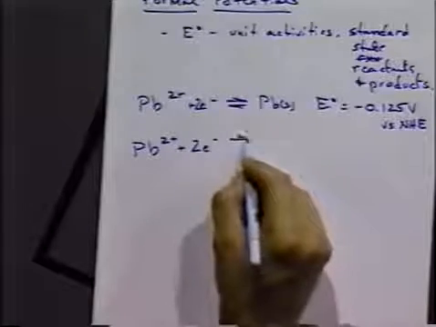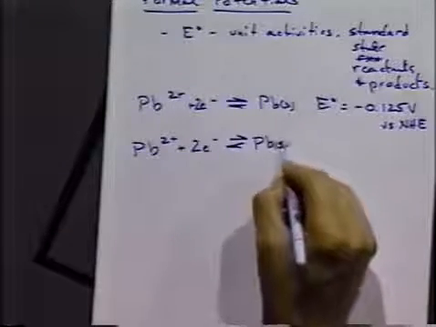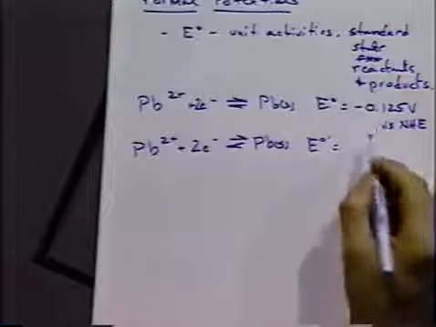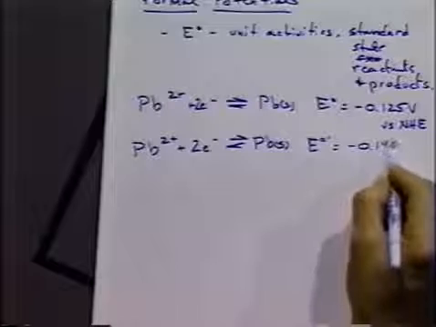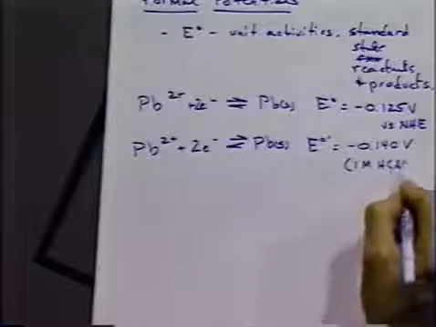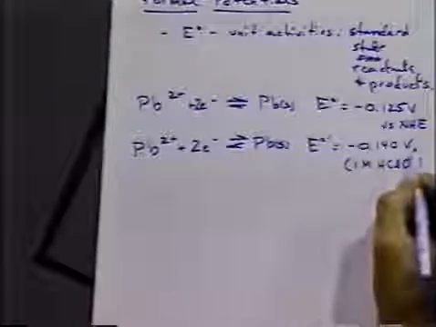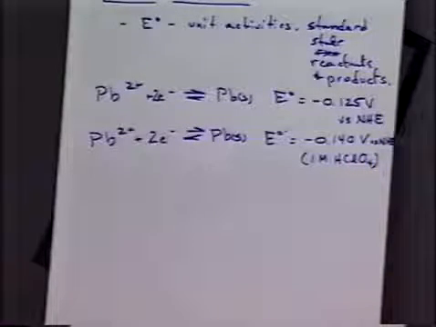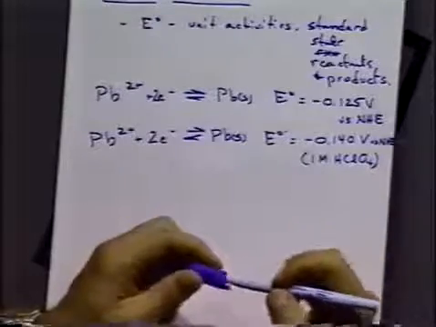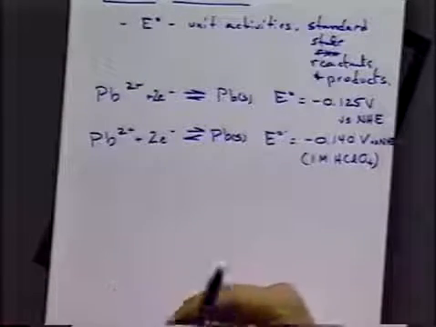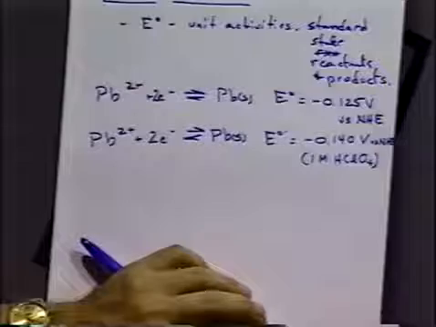And so, for example, a table of electrochemical potentials will often list a cell potential like this, where they would write down E0 prime and say that's equal to minus 0.140 volts in 1 molar perchloric acid, versus NHE. So you notice the difference. We have 15 millivolts of potential difference between the standard state and when we consider it in a physical solution, like 1 molar perchloric acid.